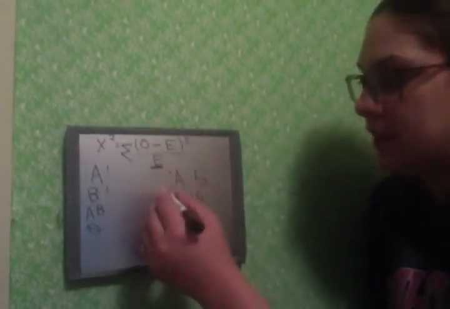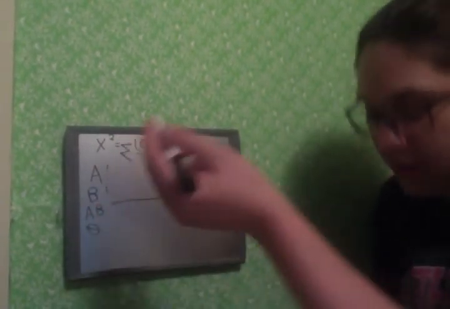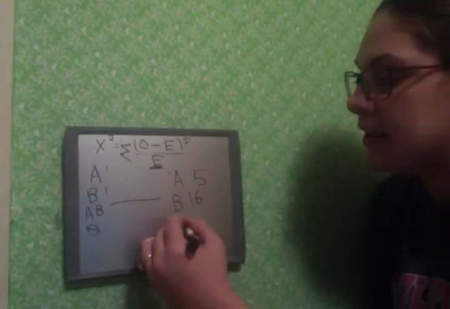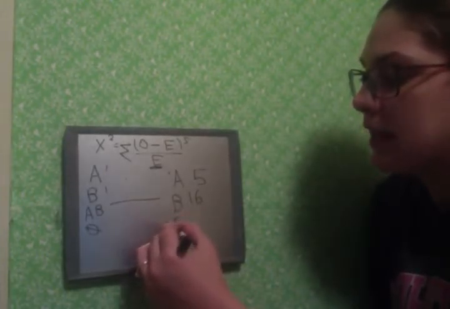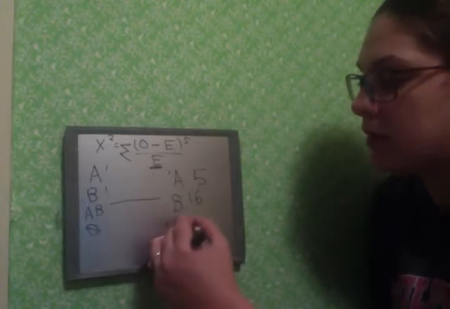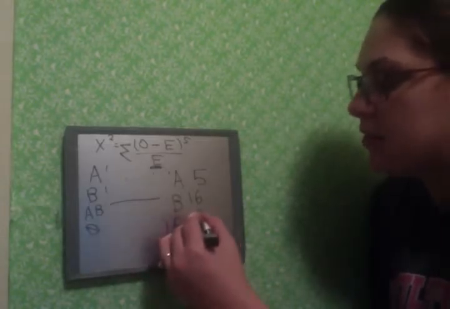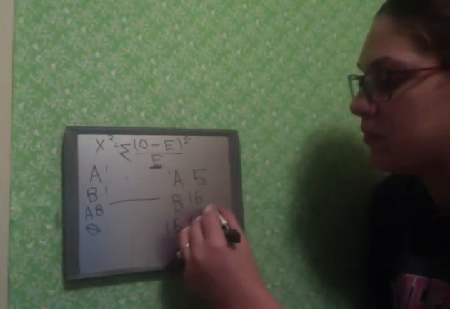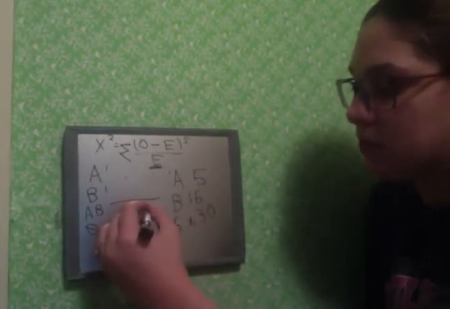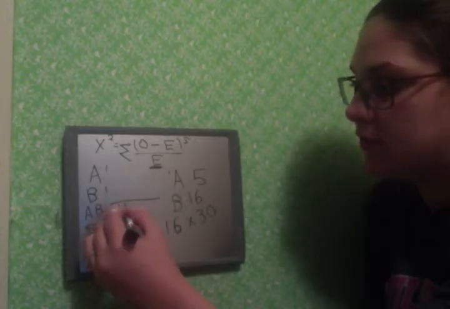So what you're going to do is you're going to calculate, well, it's already calculated for you, but how you get the numbers is there were a possibility of 16 hits per throw times 30 times you set it down. And that together equals the bottom number, which is 480.